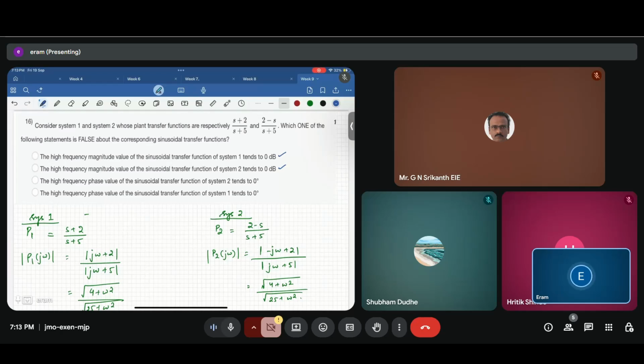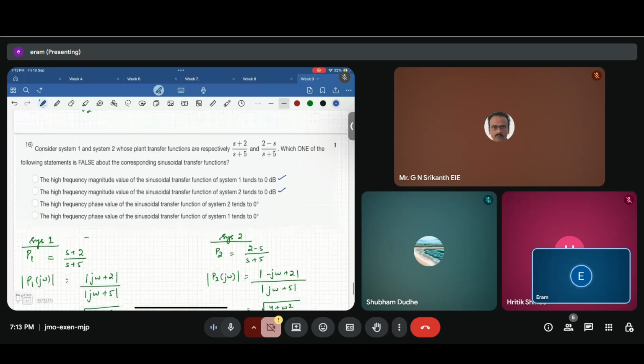Okay, from here, can you recognize which among these two systems is the non-minimum phase system? So observe the zeros of these two transfer functions and tell me which one is a minimum phase system.